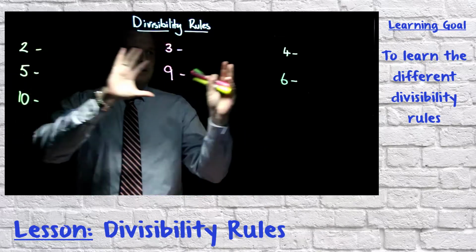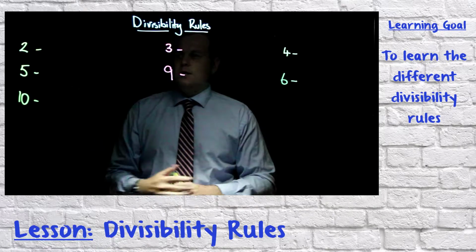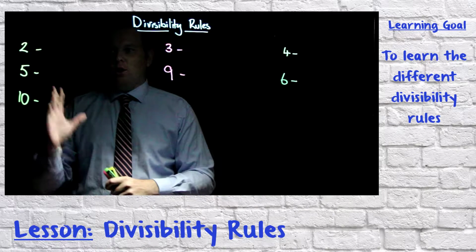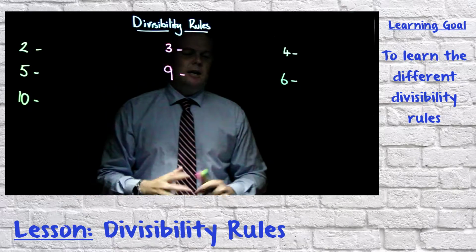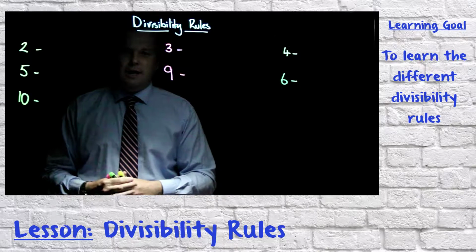And I've split them up into 3 sections, and this is how I sort of remember them. And we've got all of the digits from 2 through 10, excluding 7, okay? And we'll talk about 7 a little bit towards the end.